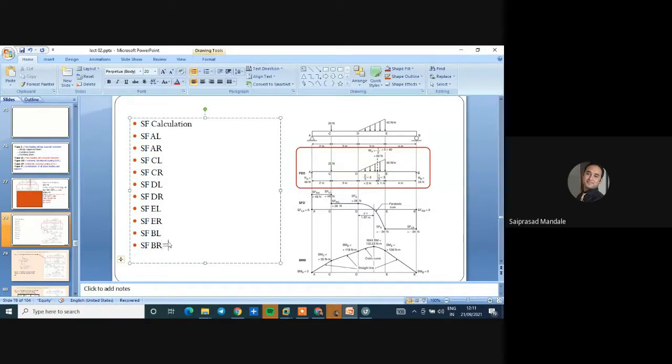So it should be 0 and it should be 0. Now as RA and RB are different, the answers will be different. So the SF left of A is 0. Can you tell me the right of A, RA is equal to how much?